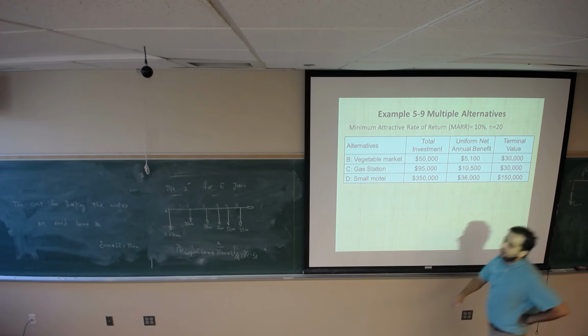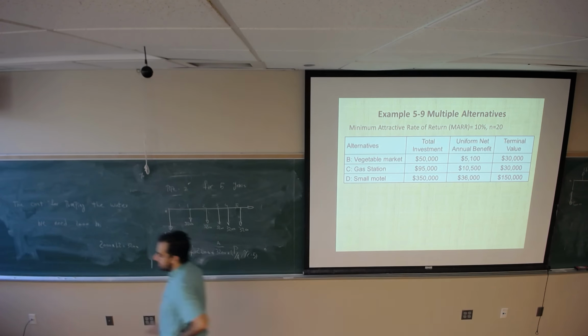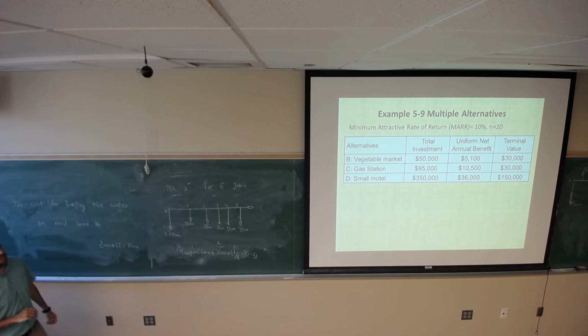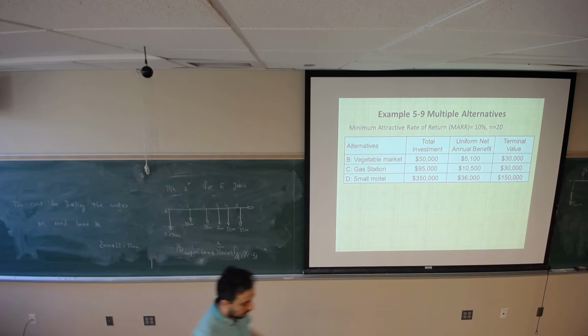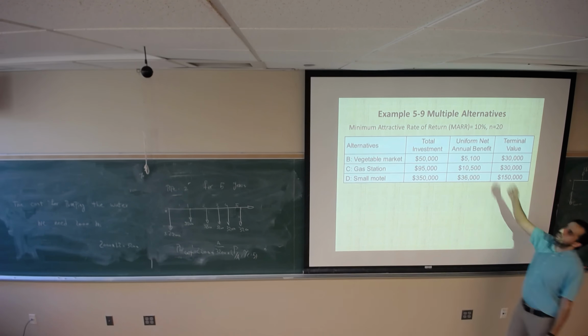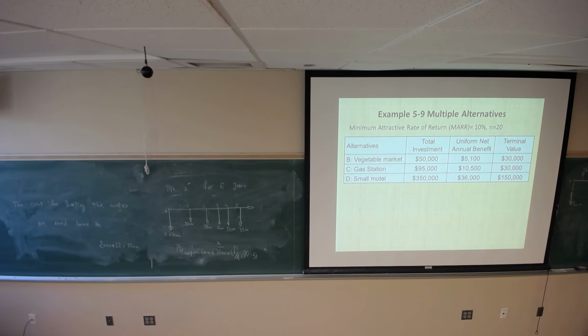You as an investor expect to get at least 10% on your investment. Because you know that there are some possible options which are going to pay you 10%. So we call this minimum attractive rate of return. This is the minimum rate of return that you expect from the investor.